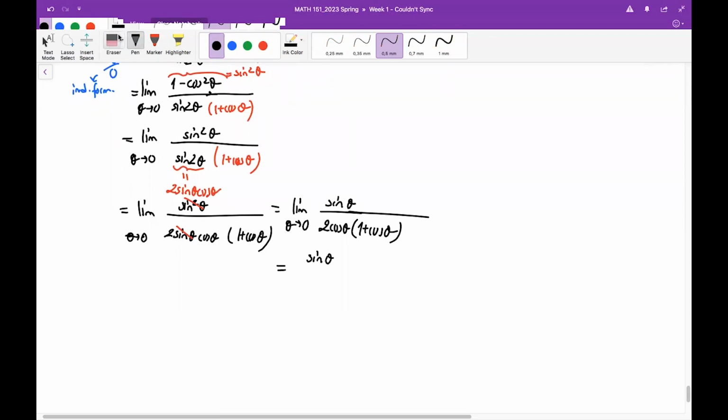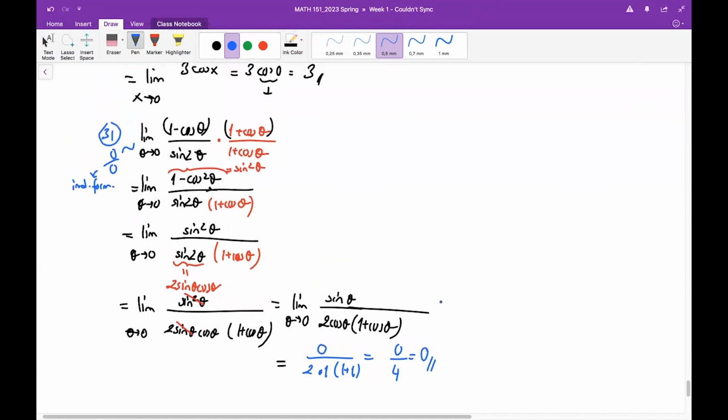Okay, I'm just inserting 0 here. Sine 0 is 0. Cosine 0 is 1. 1 plus 1. Again, cosine 0 is 1. So the result is 0 over 4, which is... What is 0 over 4? 0. It is 0. Okay, so your result is 0.